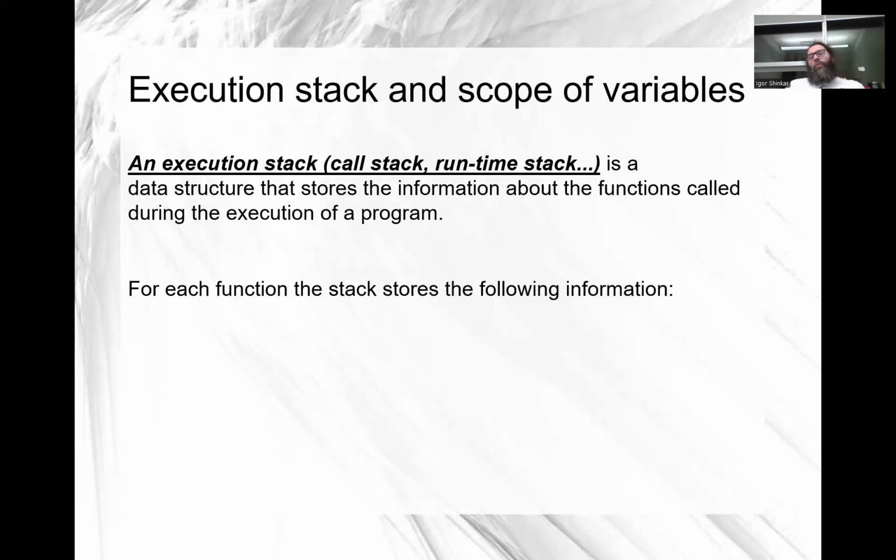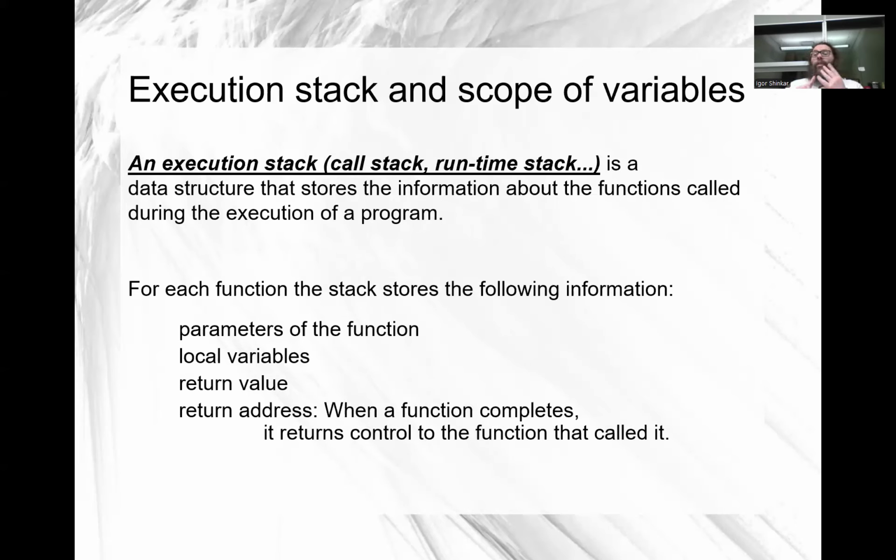So for each function, what kind of information do we need? There are arguments to the functions. There are local variables. There is the return value, type and value. And there is the return address.